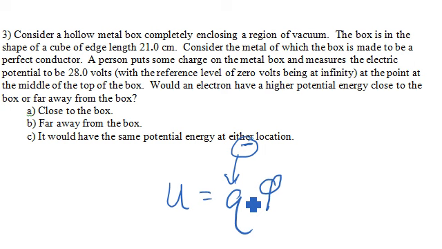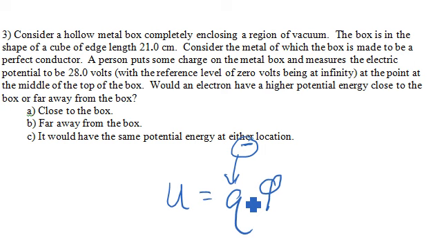And in fact, if the electron is an infinite distance away, the electric potential energy would be 0 volts. So the highest possible value is 0 volts, the lowest possible value is minus 28 volts, and the closer you are to the box, the closer you are to that minus 28 volts, the lower.